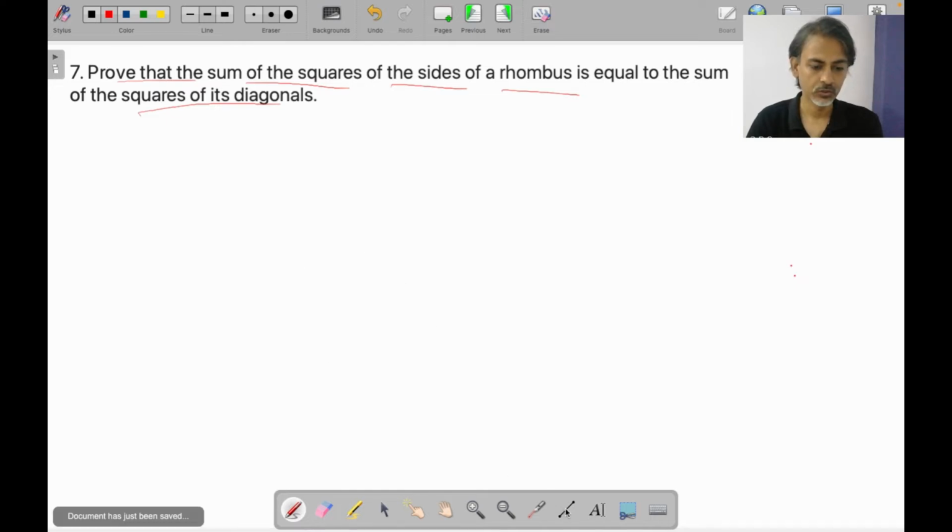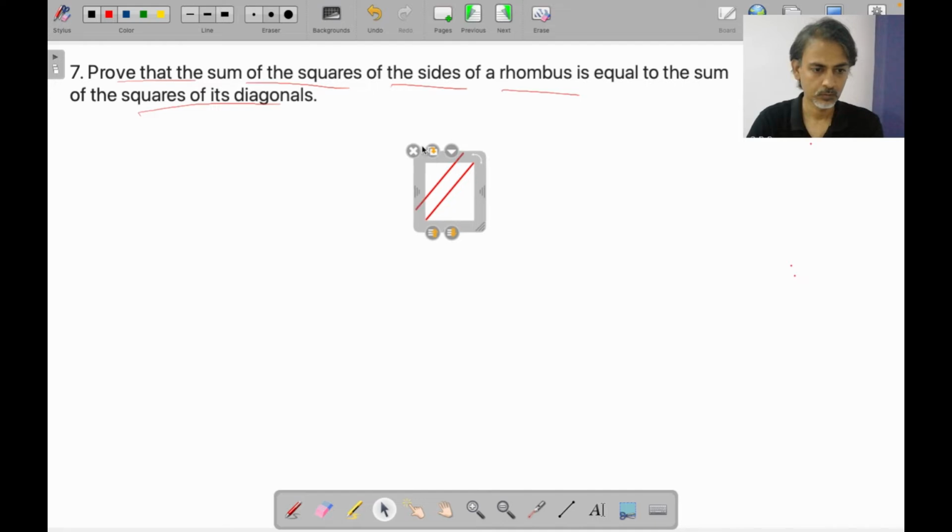Alright. So first of all, let's take a side which is this. And then let's take a copy of it as well, because the size will be the same. Taken a copy of it.